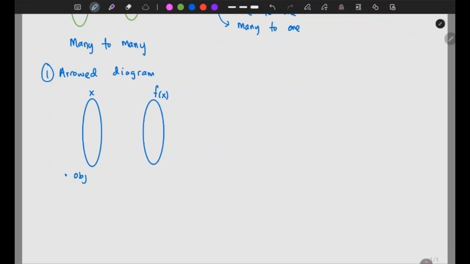This x can also be called object. The fx can also be called image. The x here can also be called domain. Fx can be called codomain. So these are the other names that they will use in exam. Mostly they will use x, fx, object, image, domain, codomain.